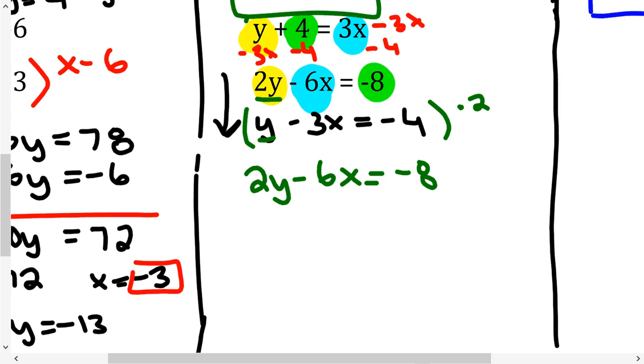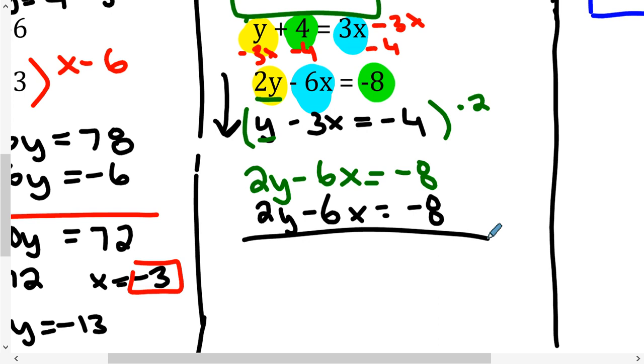Then just stacking that with my second equation, which looked like a 2y minus 6x equals minus 8, and something's looking a little weird here, but let's keep going. Then I want to subtract because my signs are the same, right?